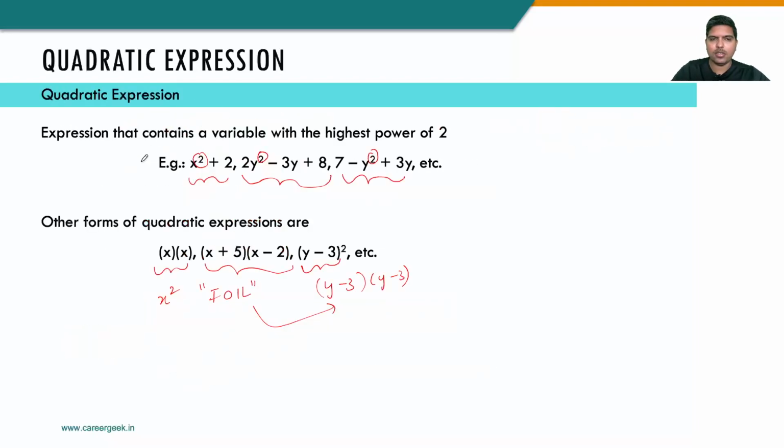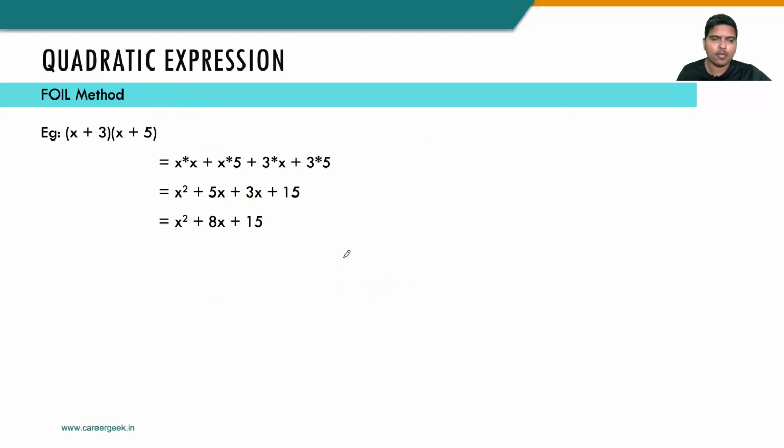Okay, now we'll see one. So these are the forms that we have discussed, right? So what is the first one? x and x. So I get x square. Then O outer, x and 5, 5x. Inner, 3 and x, 3x. Last, 3 into 5, 15.